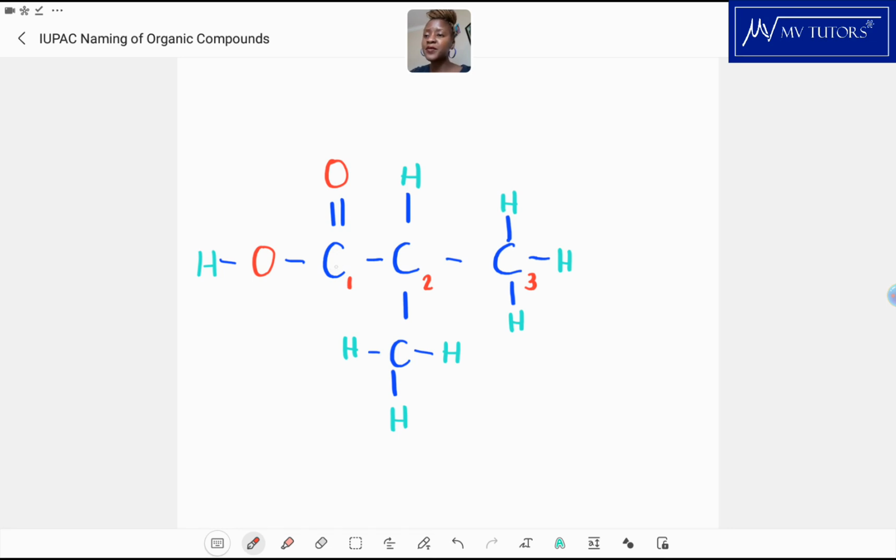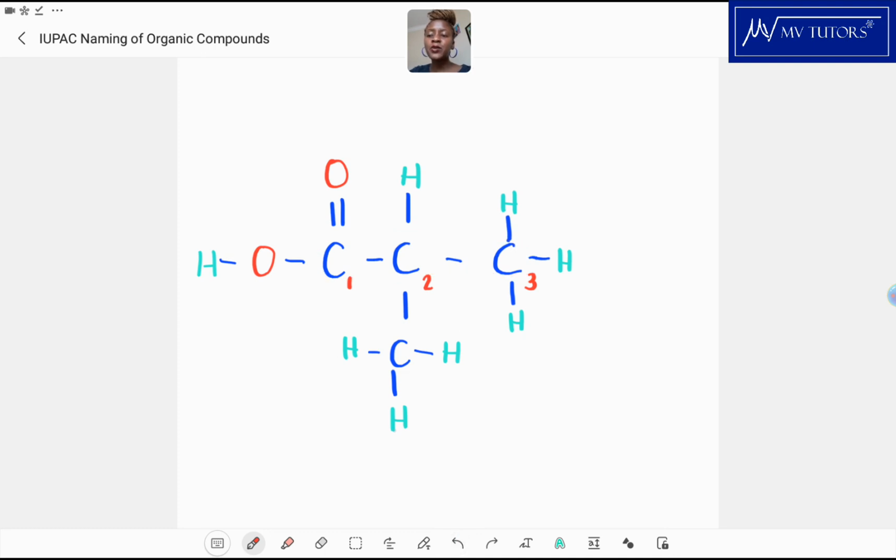Okay, so you see you have 3 carbon atoms here: 1, 2, 3. On the second carbon, I have a branch. It's really the same as choosing this one here, so it's fine.